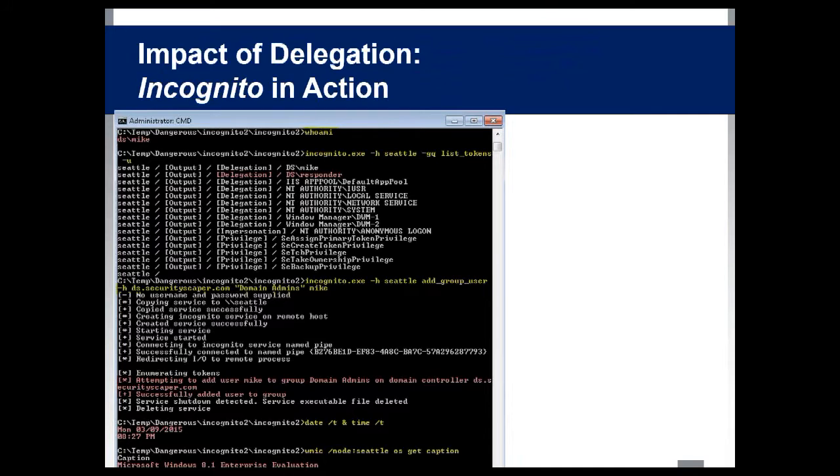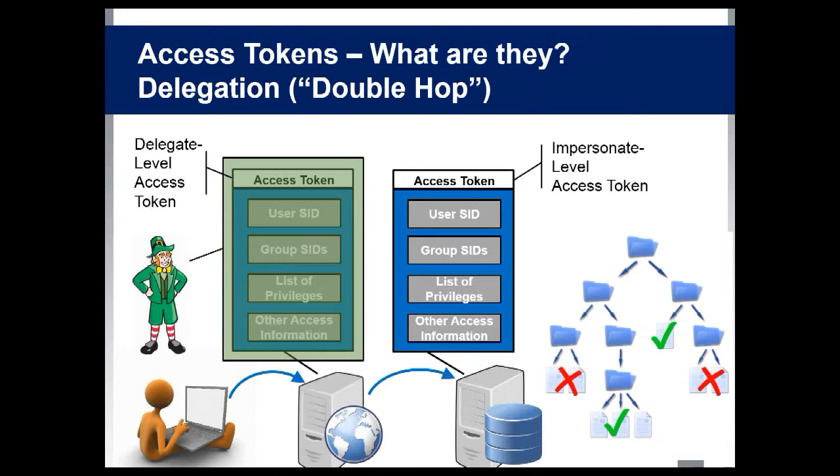So at the top, let me give you a little bit of the scenario here too. As I mentioned, an attacker is going to need to have some access to the system that's trusted for delegation. So in the previous slide, that was this web server. That web server is trusted for delegation and can host these delegate level access tokens.